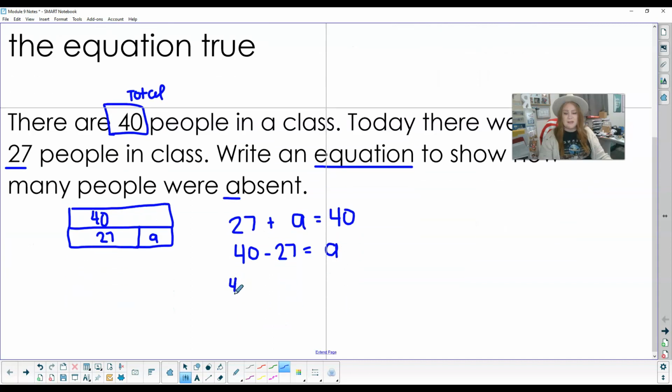I could also say that 40 minus the absent people equals the 27 people that are there. That's right, so I could write this addition one and flip it, or I could write it as a subtraction problem a couple different ways as well. There's not just one right answer, but I could not multiply these and I can't divide them. So there is a right answer, but there can be more than one.